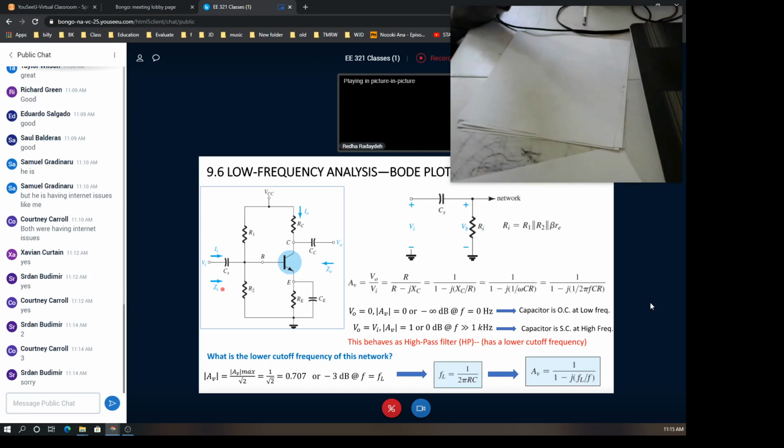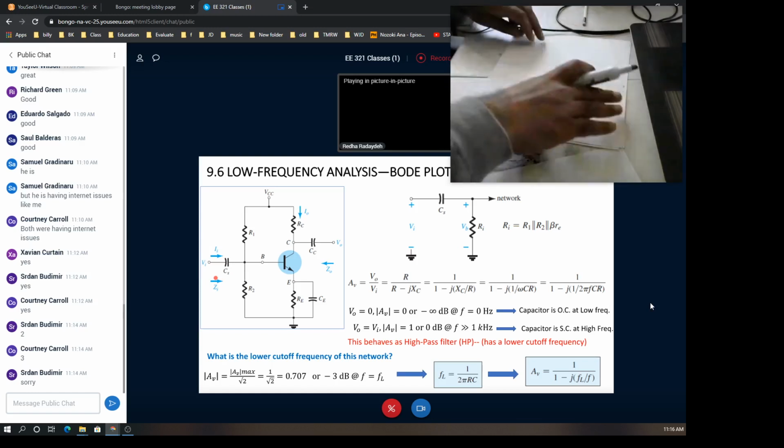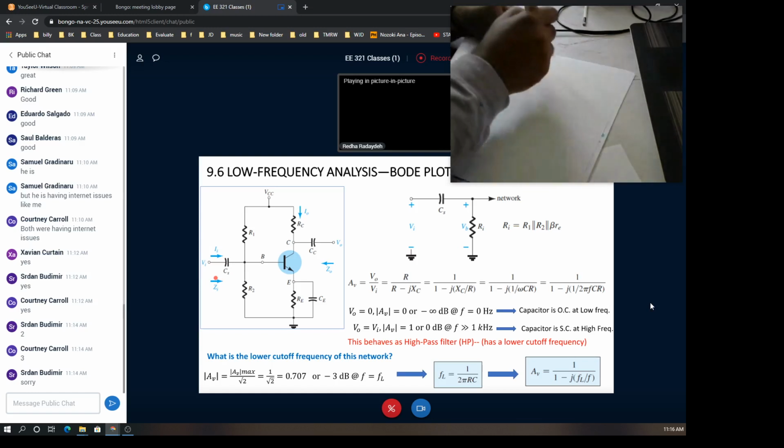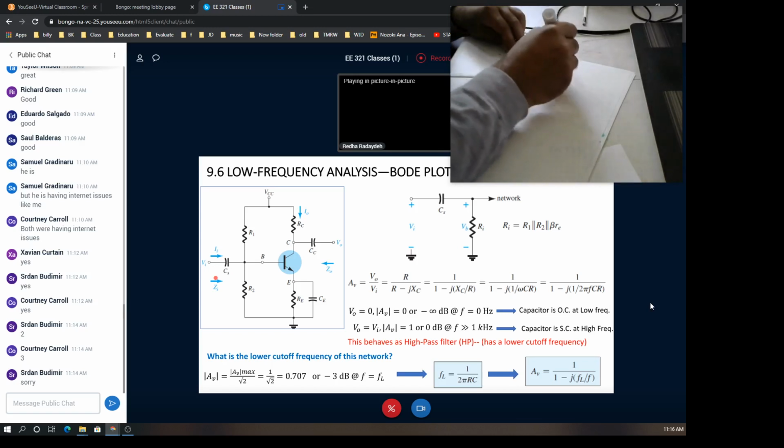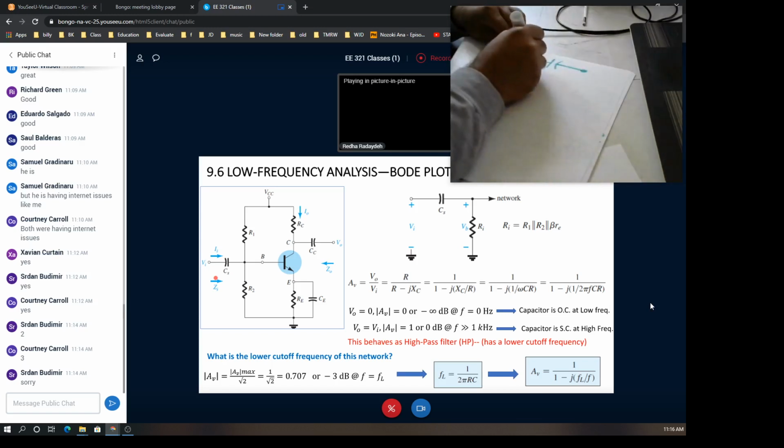Now let's focus on the first capacitor here, this one. What is the effect of this capacitor on the response of the amplifier? In doing so, we are concerned about how the output voltage taken right after the capacitor will be related to the input voltage.